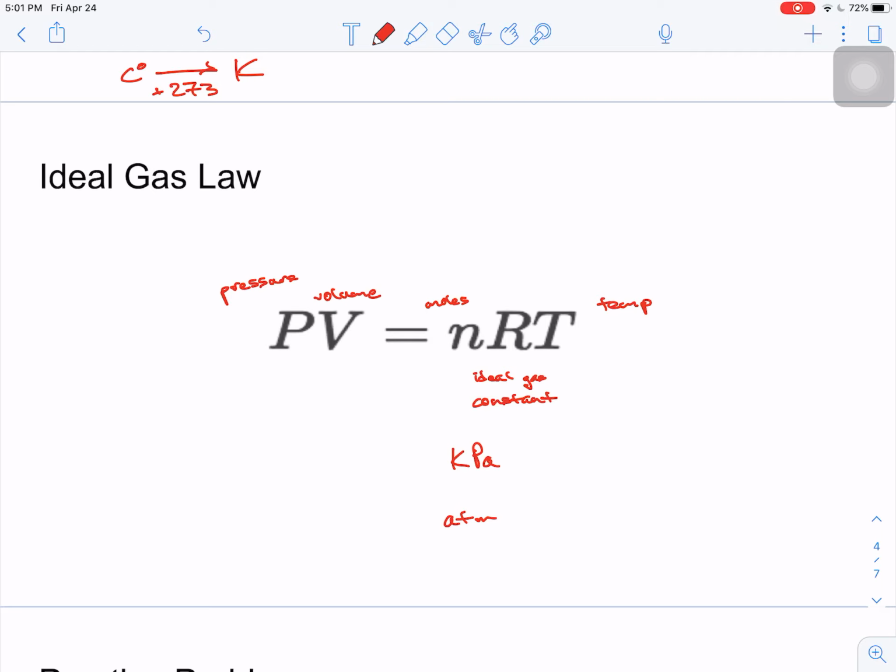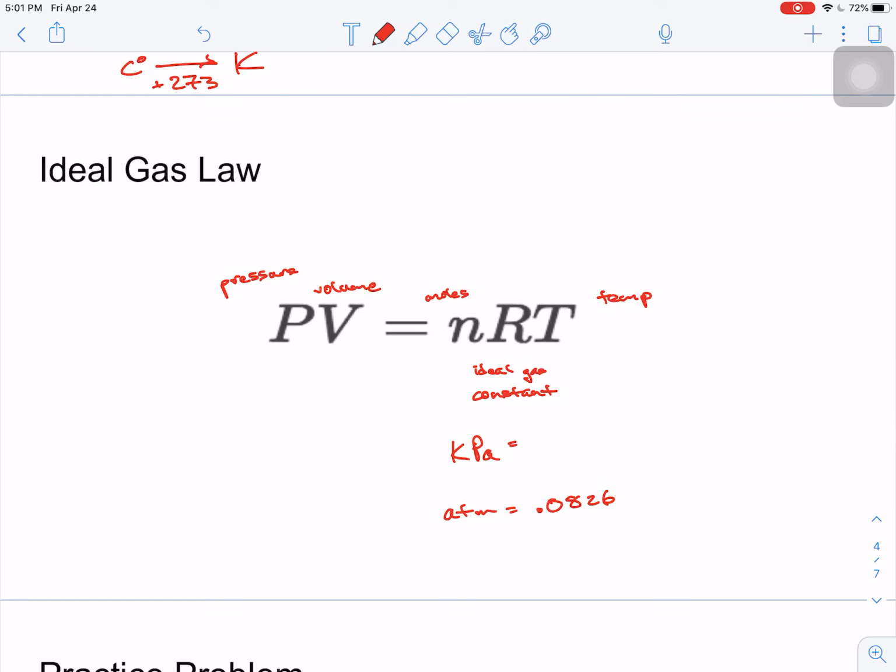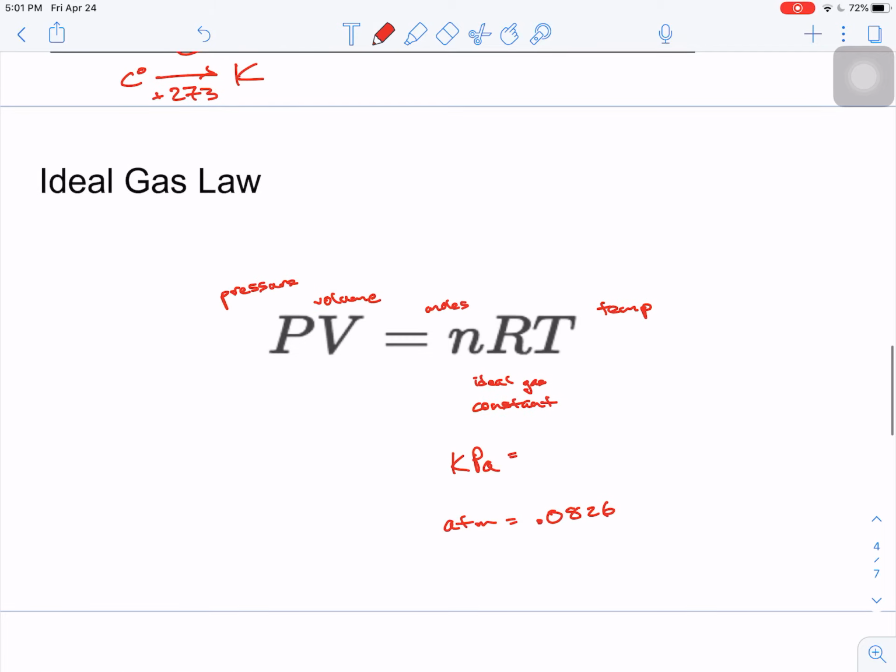So the ideal gas constant for ATM or atmospheric is going to be 0.0826, and the decimal points can change a little bit depending on your professor. And the kilopascals one is 8.314.